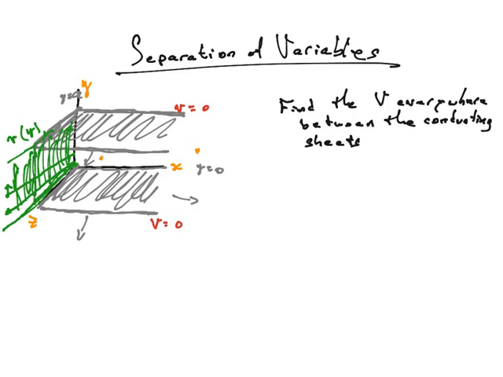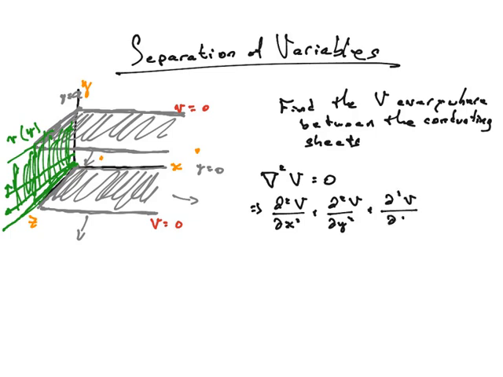Now, what we know is that in order to calculate potential, we have to use the Laplace equation. So the Laplacian of the potential is equal to 0. And generally speaking, if we're doing Cartesian coordinates, the Laplacian is just the second derivative of the potential with respect to x squared, plus the second derivative with respect to y, and the second derivative with respect to z equals 0.